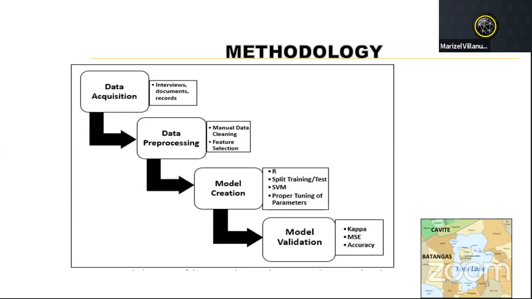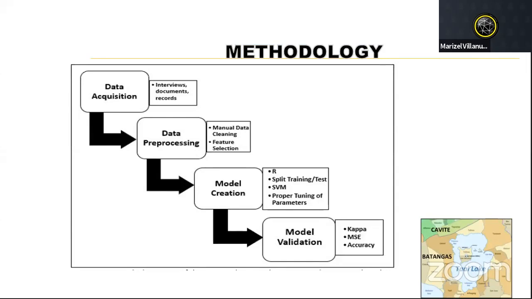And then for the data processing, I also use the manual data cleaning and of course the feature selection. Actually I use both manual and the Weka for cleaning, because Weka also has the ability for filtering the data. And then for the model creation, I use the R data mining, and I use the split training and test data.